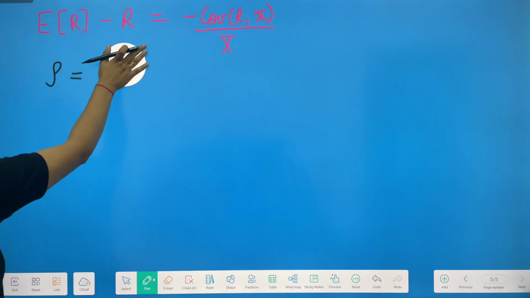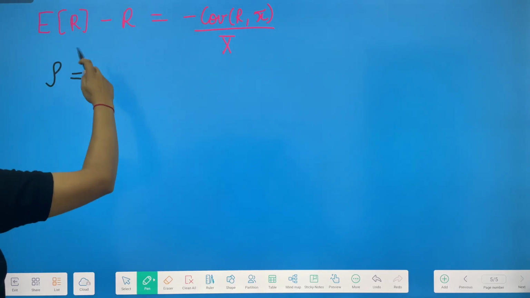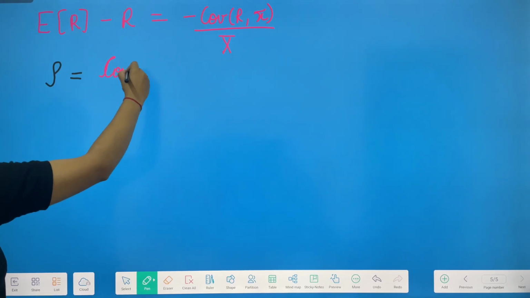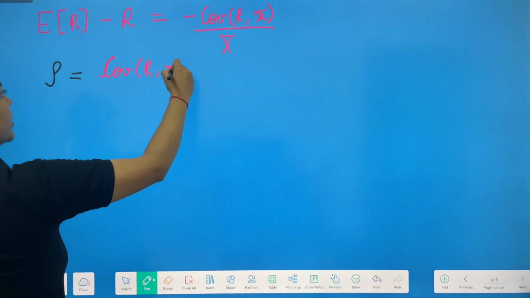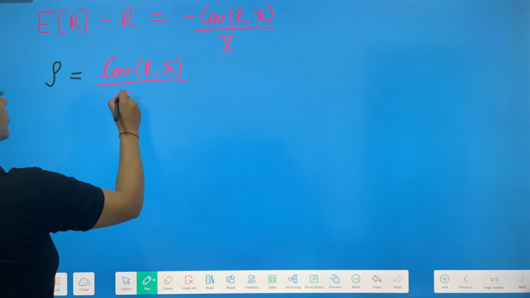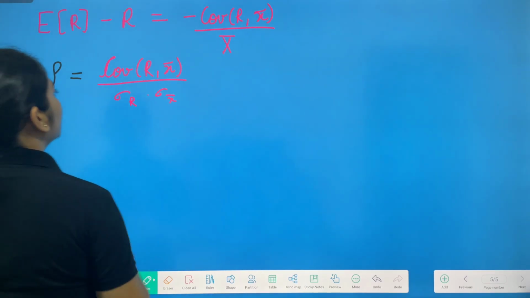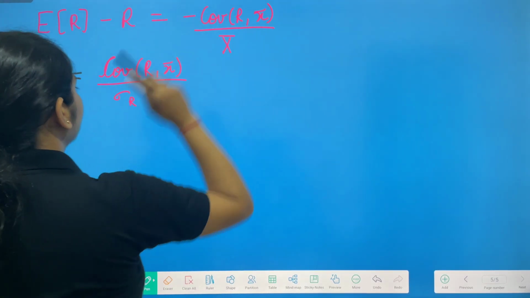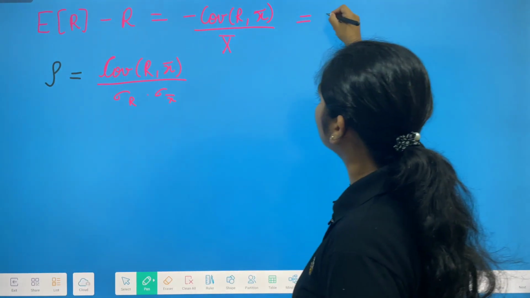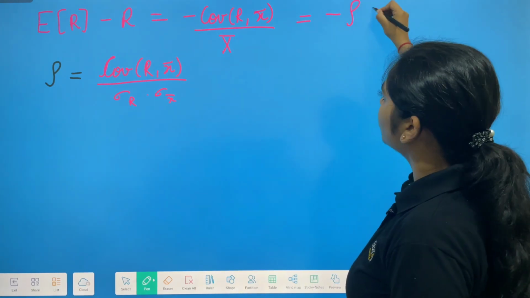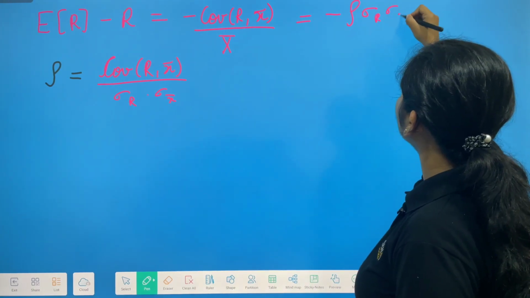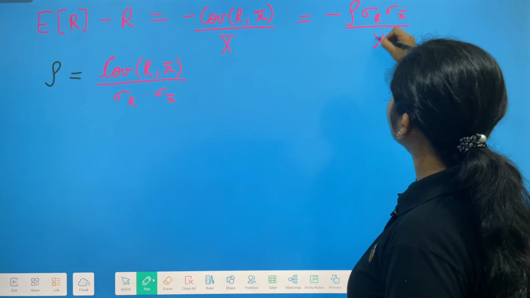covariance between R and X bar upon sigma R into sigma X bar. So in place of covariance, we can write it as minus rho sigma R sigma X bar upon X bar.